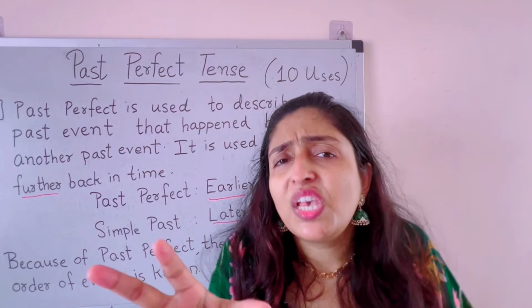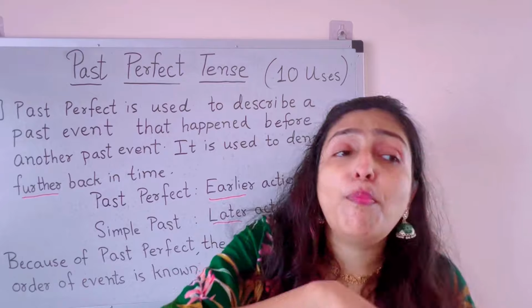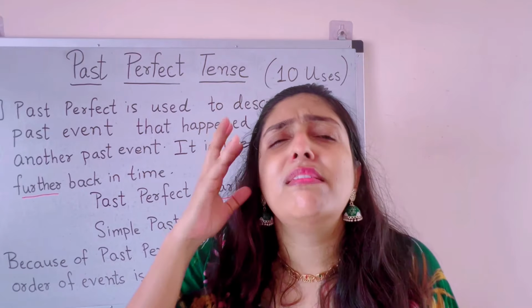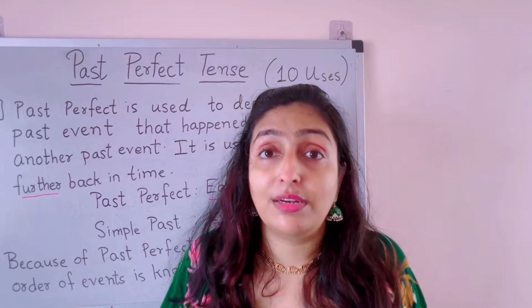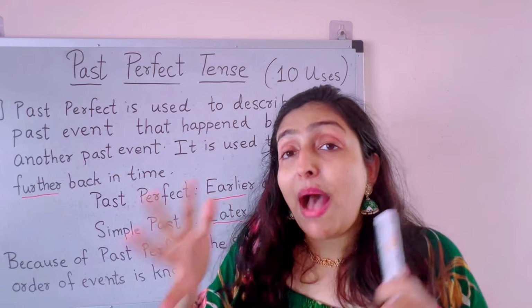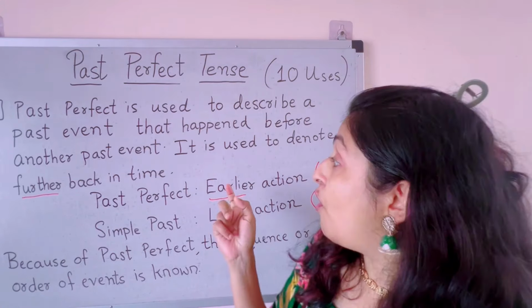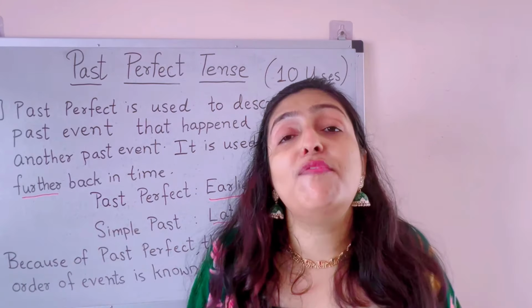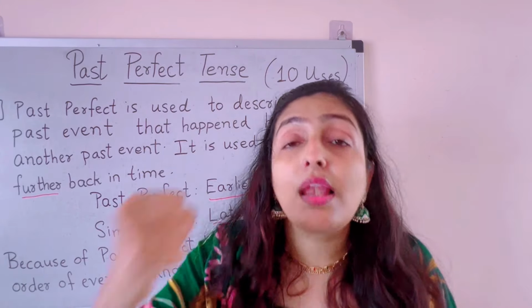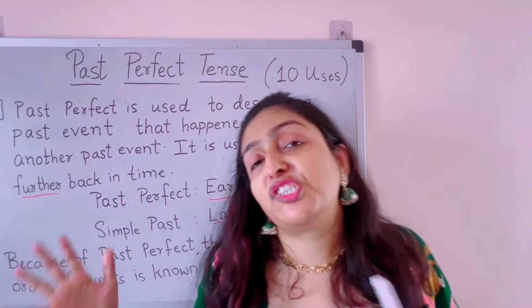If we use simple past for both the events, then it creates doubt, uncertainty, and confusion. But if we use past perfect for the earlier action, then both the events become very clear and specific.